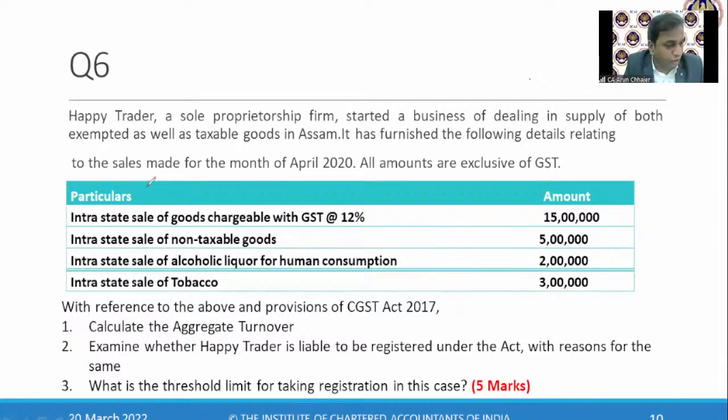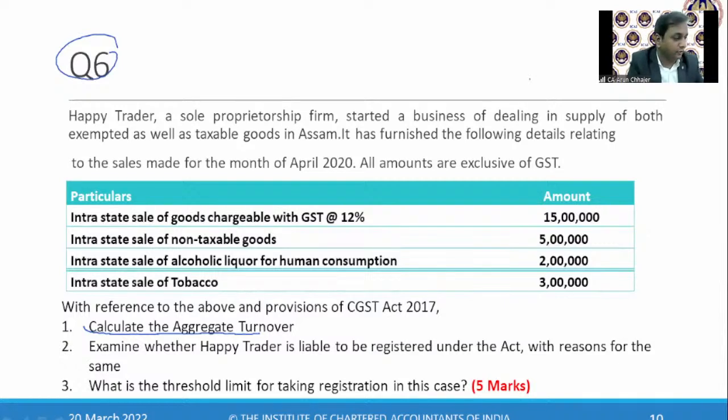Vedant, I'm coming to your question, but let me complete this question number 6. We'll come back to the question number 5, the part which I have explained. First, calculate the aggregate turnover. All are requested to give the answer for question number 6.